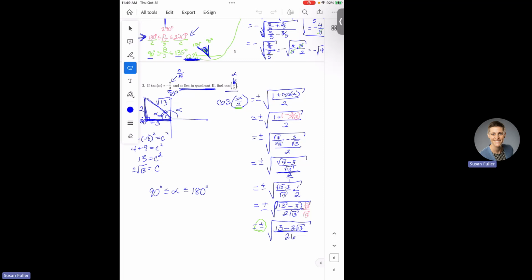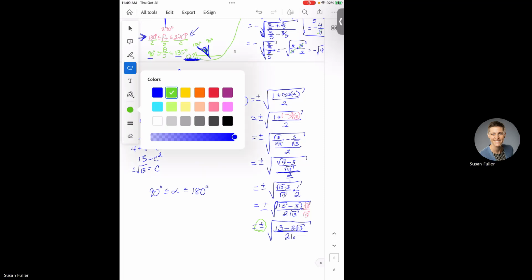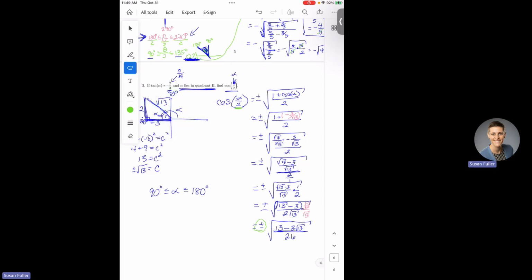But I don't really care where alpha lives, right? I want to know where alpha over 2 lives. So I'm going to divide everything by 2 here to get alpha over 2 there in the middle. This becomes alpha over 2, and this says it's stuck between 45 degrees and 90 degrees. 45 degrees is here, 90 degrees is up here.